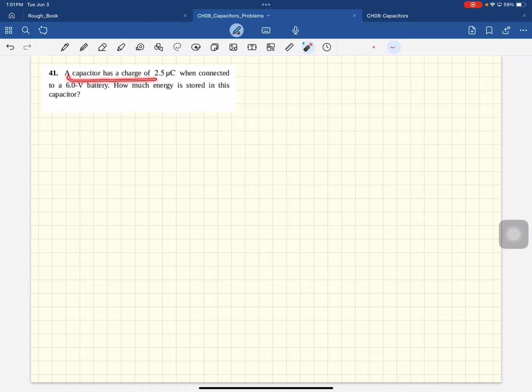A capacitor has a charge of 2.5 microcoulomb when connected to a 6-volt battery. How much energy is stored in this capacitor?